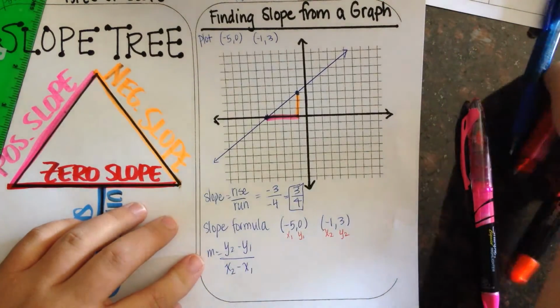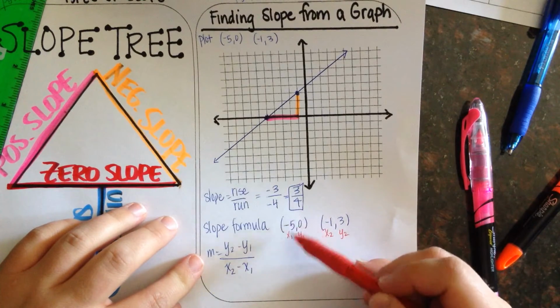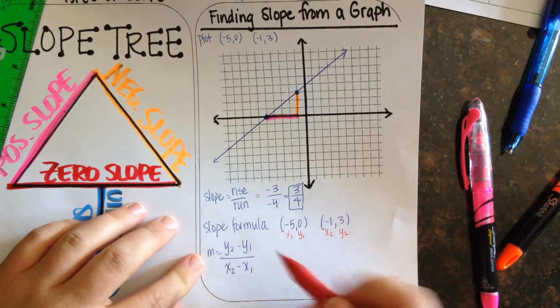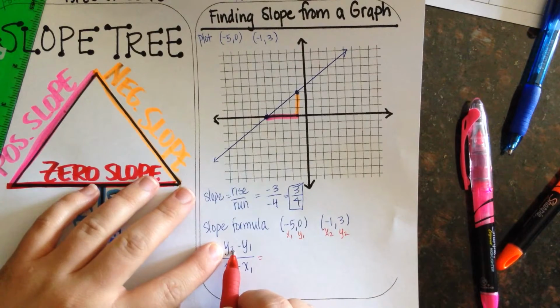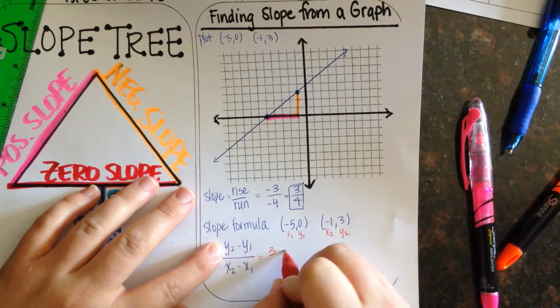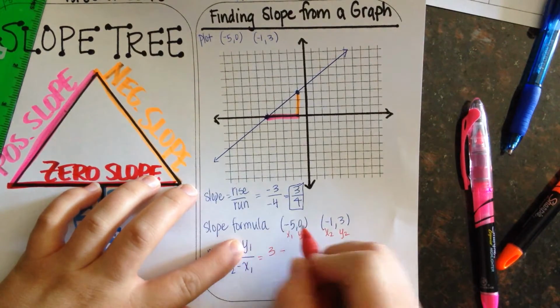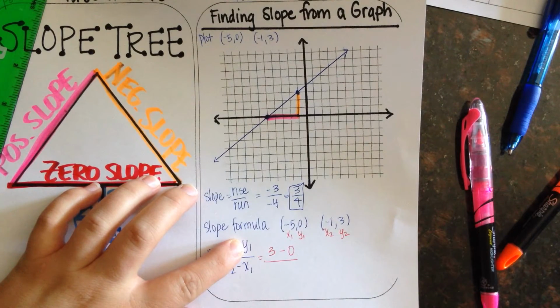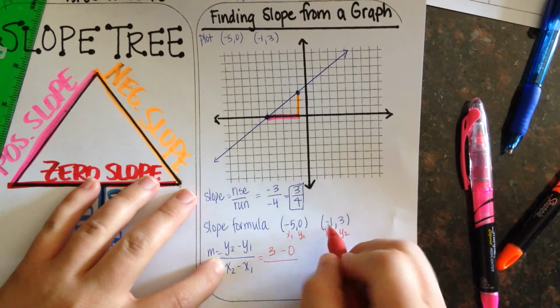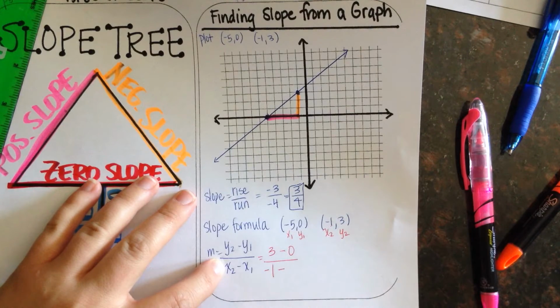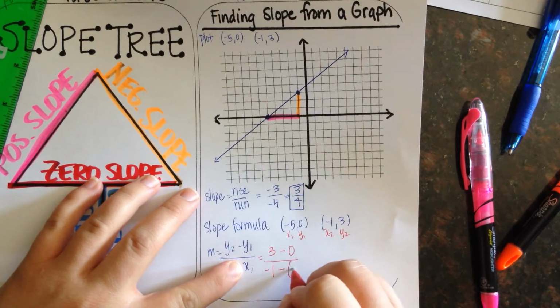And so this is the easy part. You just take what you've already labeled and plug it straight into the formula. So y2 is 3 minus y1, which is 0, okay, over x2, which is -1, minus x1, which is -5.